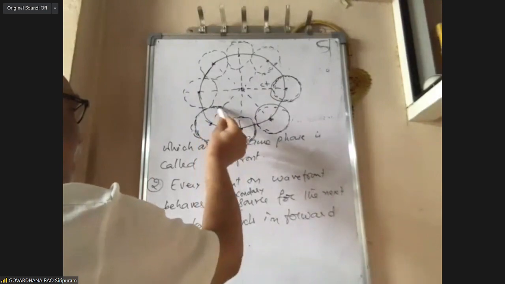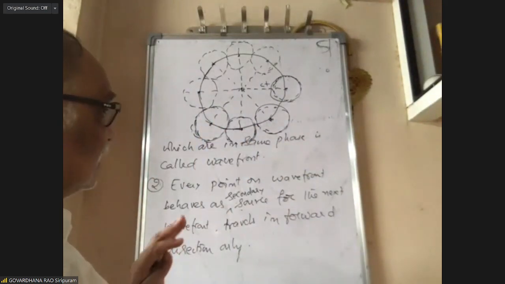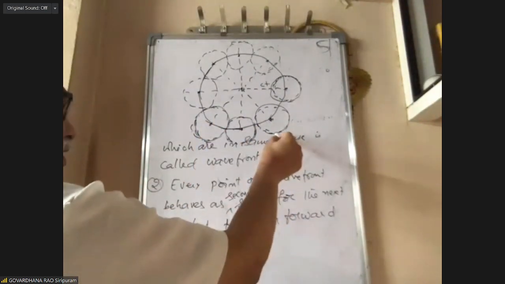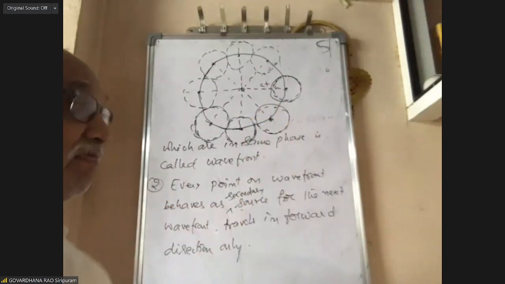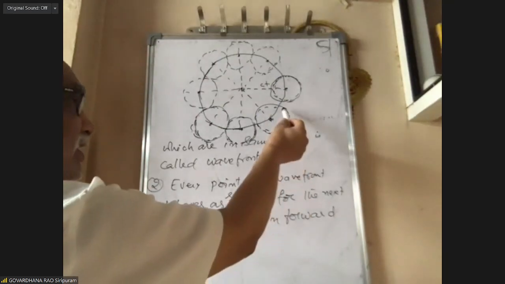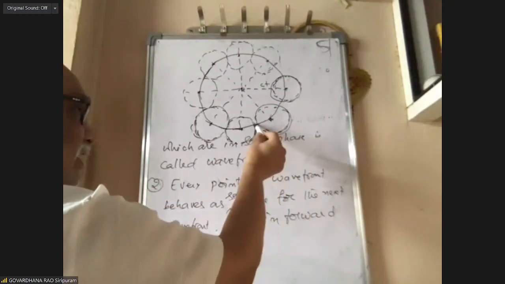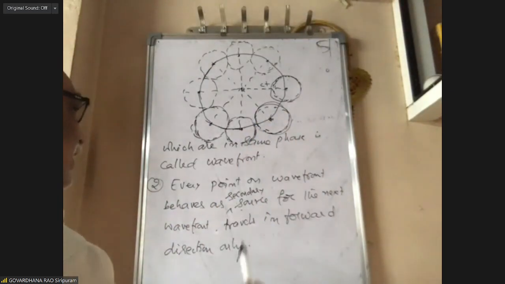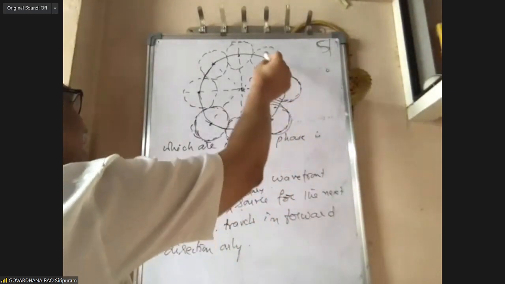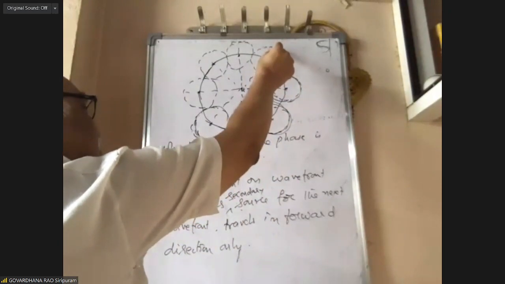A wavelet is a part of the wavefront. Now this is the wavefront, no? The part of the wavefront is called a wavelet. So this is called the forward wavelet. This is called the backward wavelet. Follow?